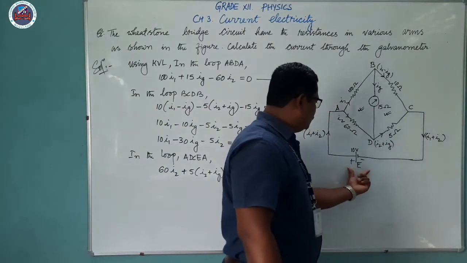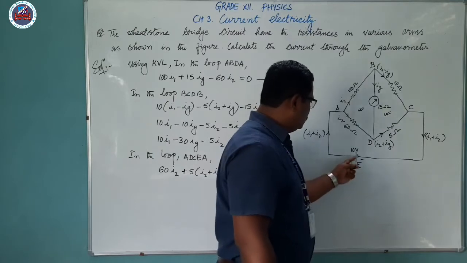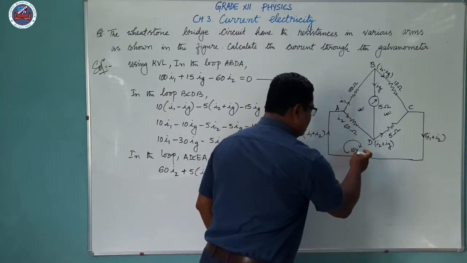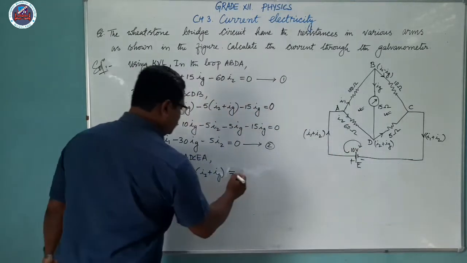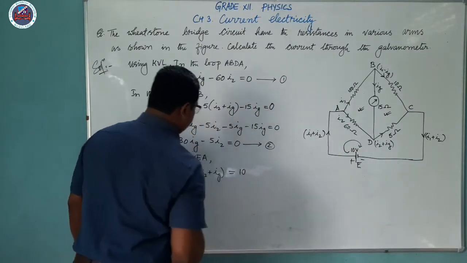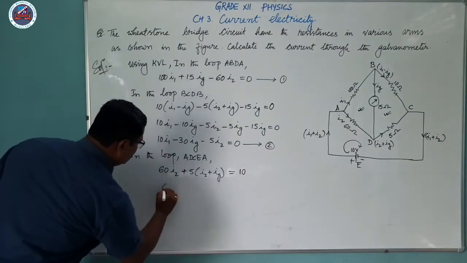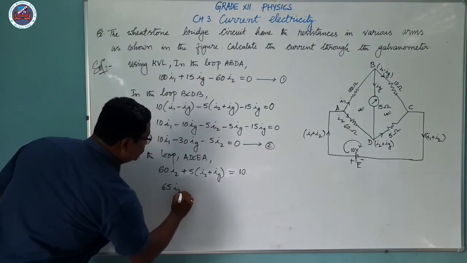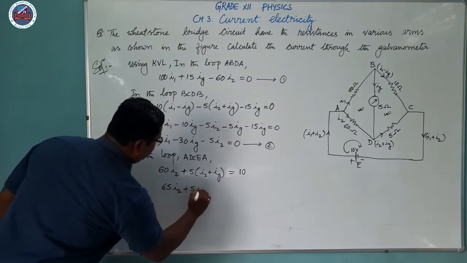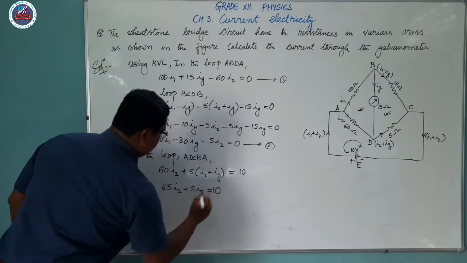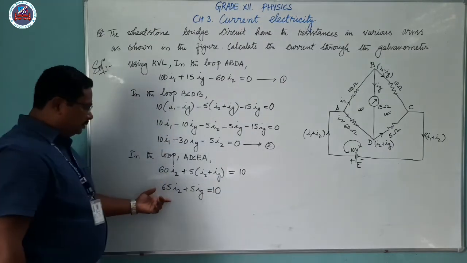So here you have your EMF. This is the positive terminal. We know that current flows from positive to negative, so this is also clockwise. So we'll take it as plus 10. Then here what we get is 65 I2 plus 5 Ig is equal to 10. We mark this as equation number 3.